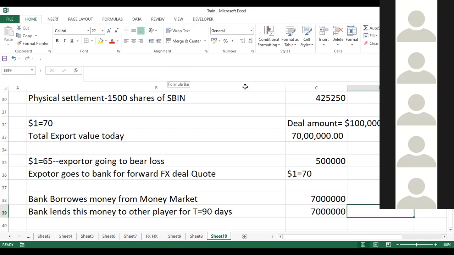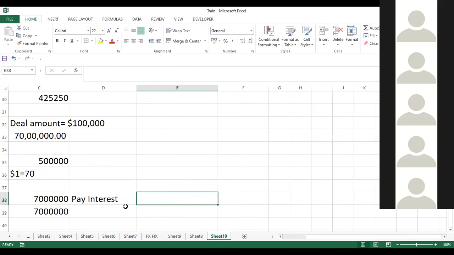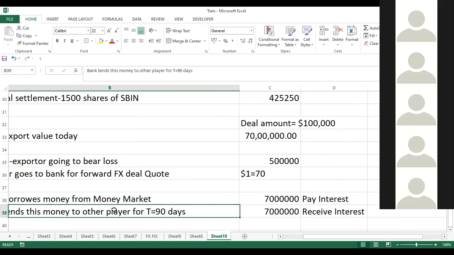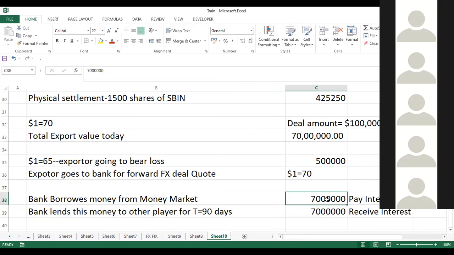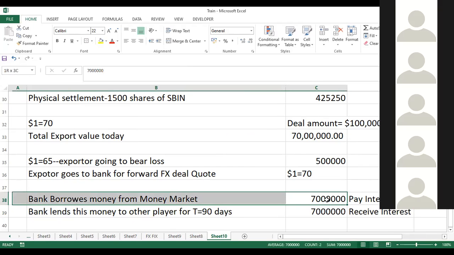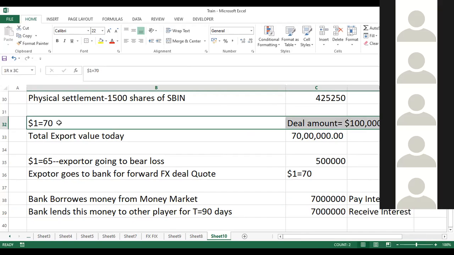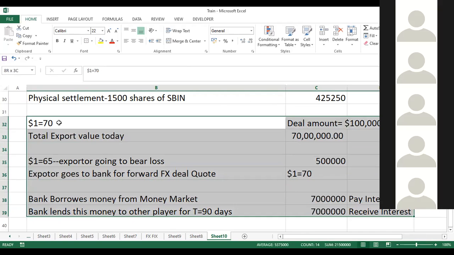So here the bank is going to pay interest, and here the bank is going to receive interest. So you can see the bank is able to mitigate its risk. Clear? Hope this is clear. It's easy to understand, I guess. Anything not clear here?